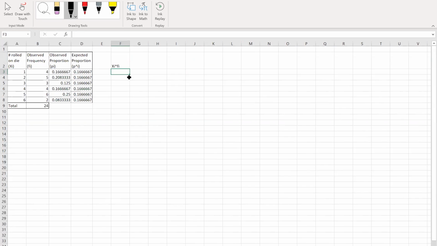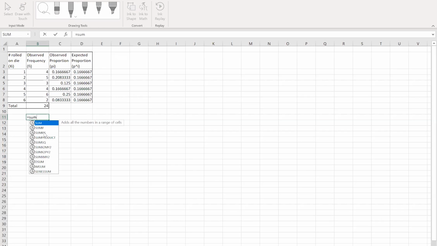Sorry, I'm trying to think of a good way to do this. There's a function called sum product that I really like to use. And what it does is it finds exactly what the weighted mean is asking for. You select two arrays: you select the first array, comma, a second array.